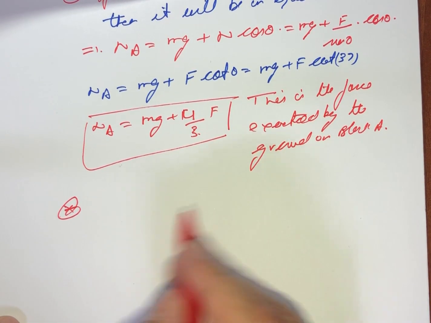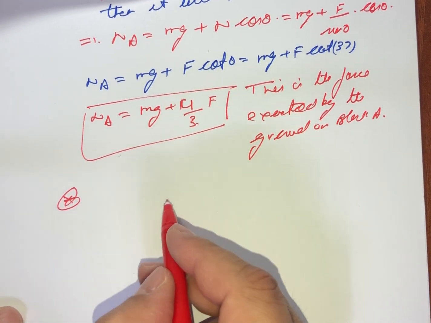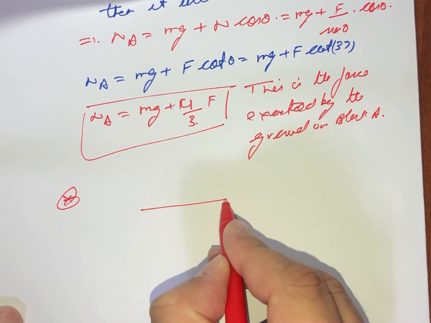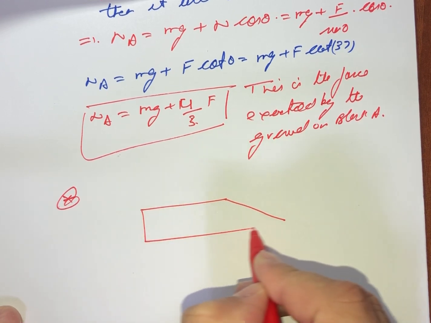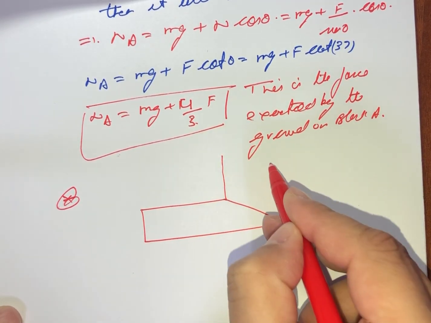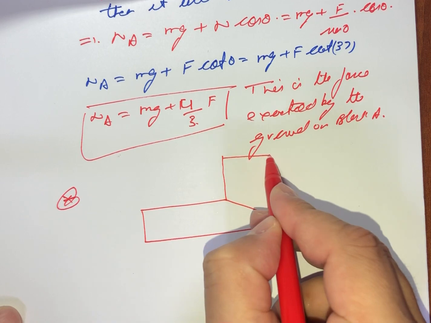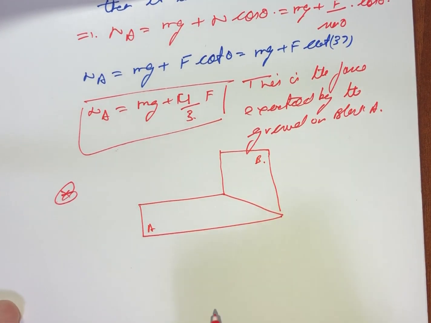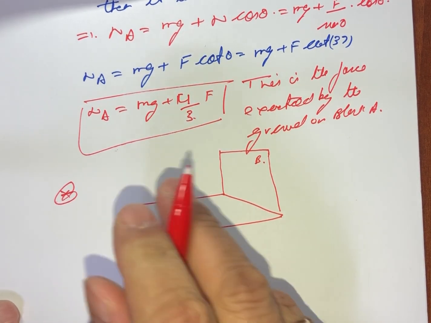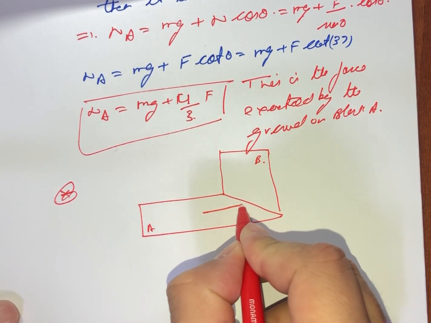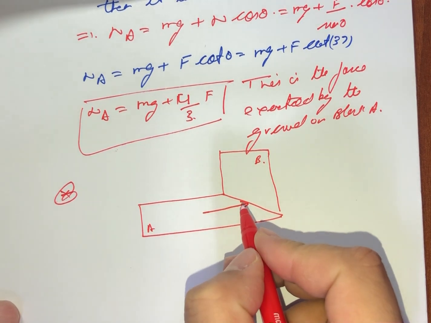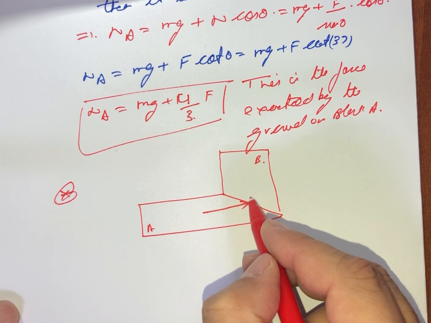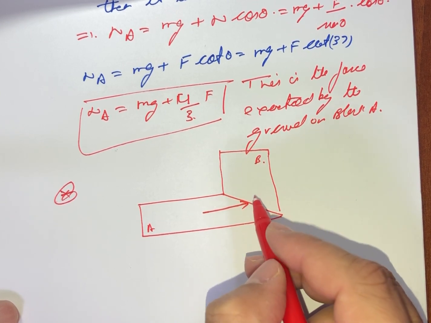So let us draw the free body diagram of both the blocks once again. Block A, block B, and the acceleration of A is rightwards. We can divide this acceleration into two parts.